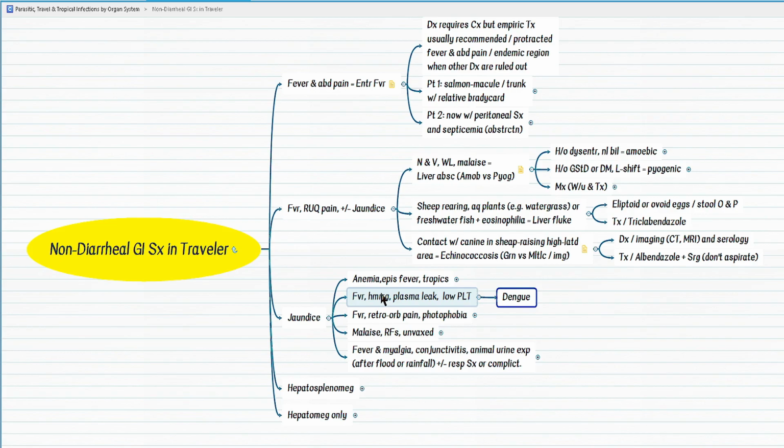This is leptospirosis. Now, don't forget a patient with jaundice, history of travel, with malaise, especially if unvaccinated, would also have another diagnosis, which is acute hepatitis.